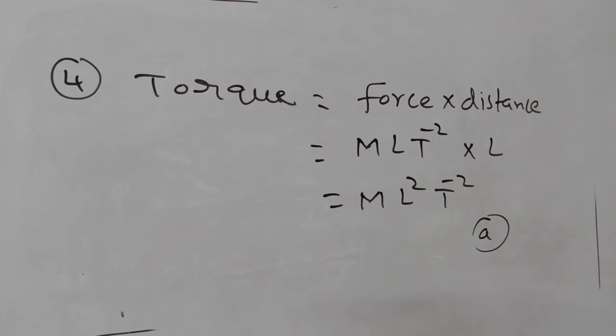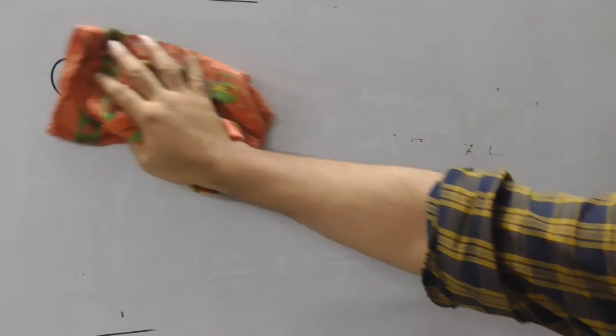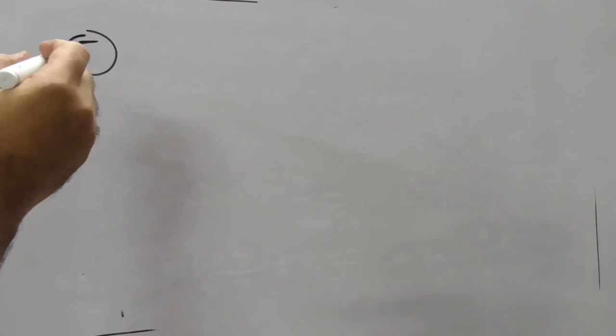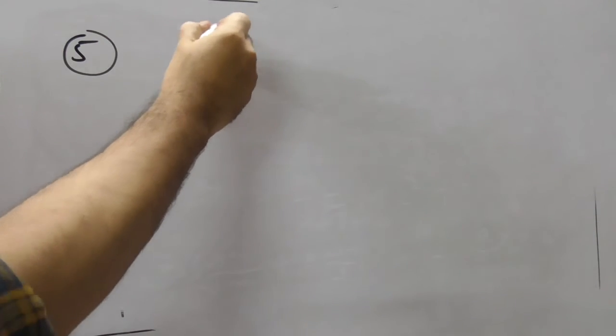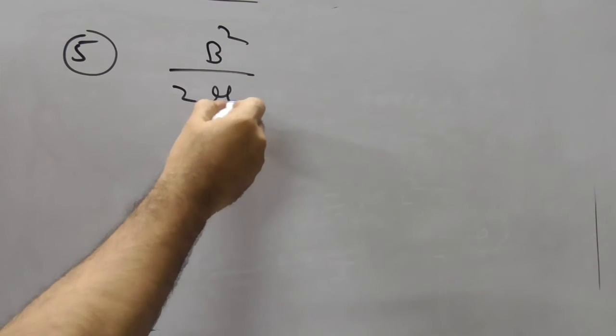Now the question number 5, the fifth question. The dimensional formula for B square by 2 mu naught.